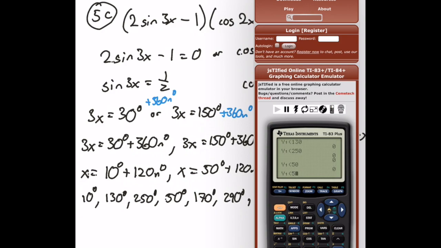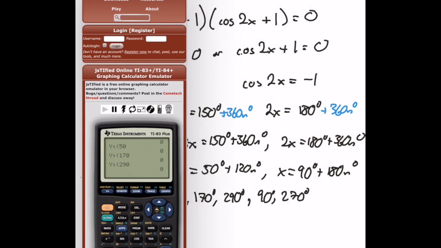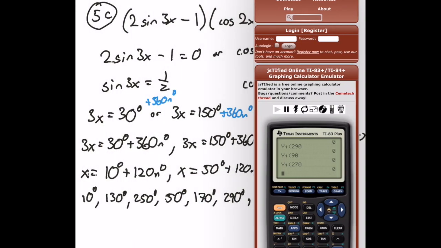When I plug in 170, the result is 0. When I plug in 290, the result is 0. When I plug in 90, the result should be 0. And when I plug in 270, the result is 0. Okay.